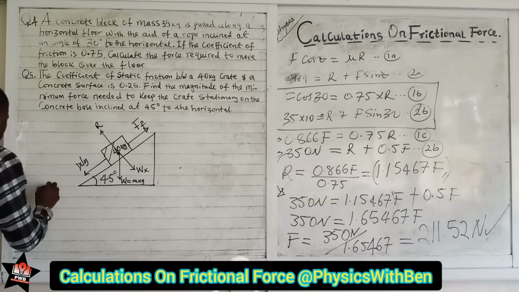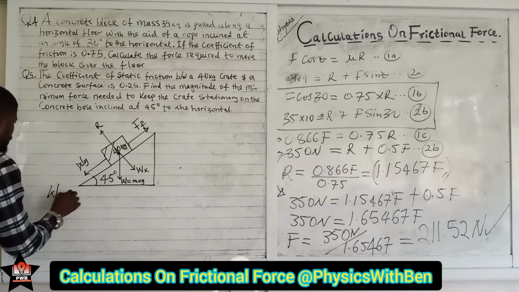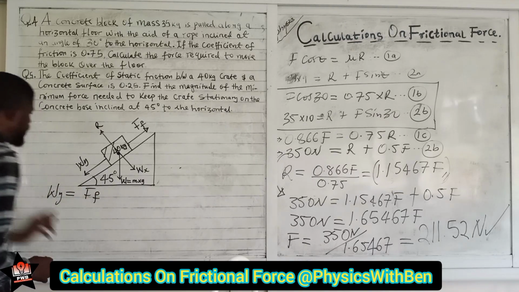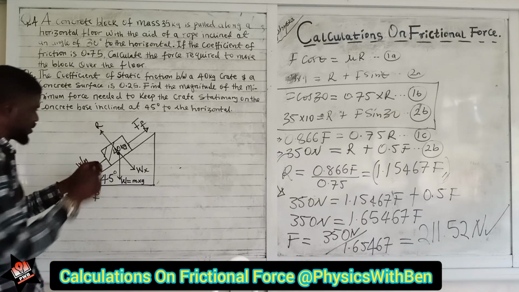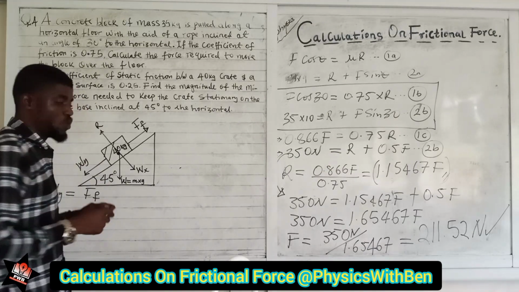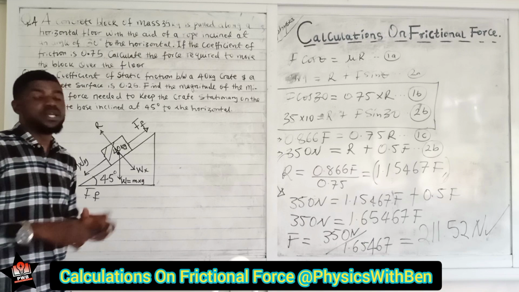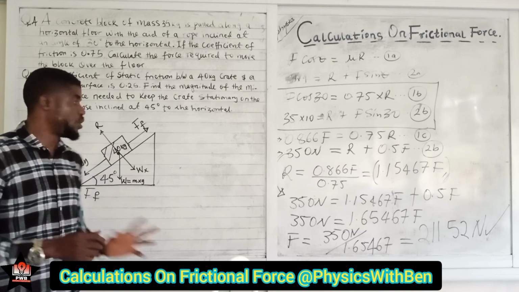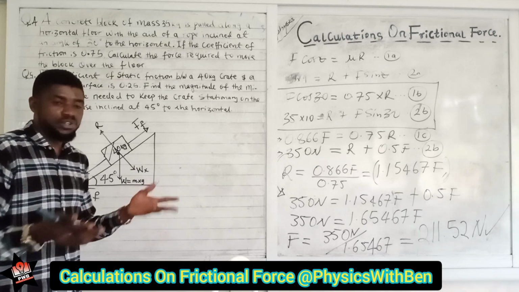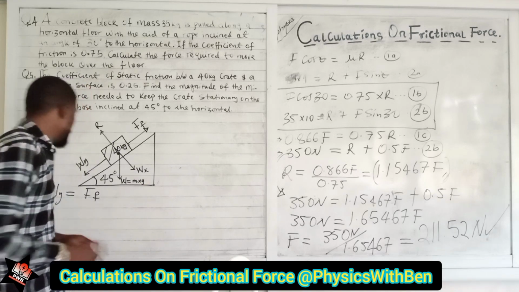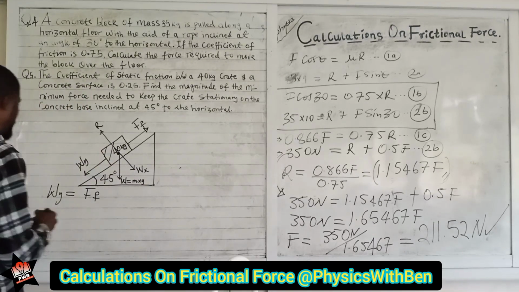So we write that WX is equal to the frictional force. This frictional force is the minimum force that will keep this crate stationary. Please, this question is controversial. If you have a different opinion, you can drop it in the chat box. So for me, this is how I am going to solve it.